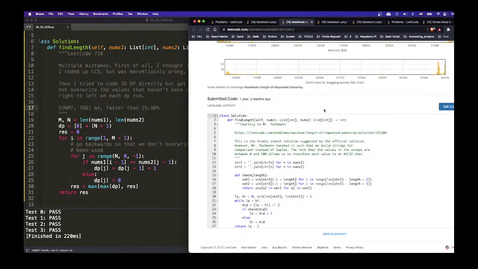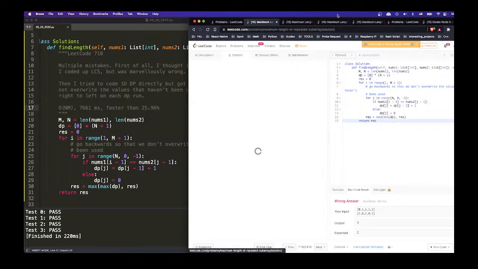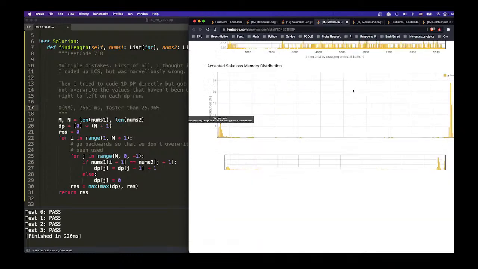On the length? Oh. Oh, you gotta be kidding me. Oh, wow. Binary search. That is a pretty gnarly solution.